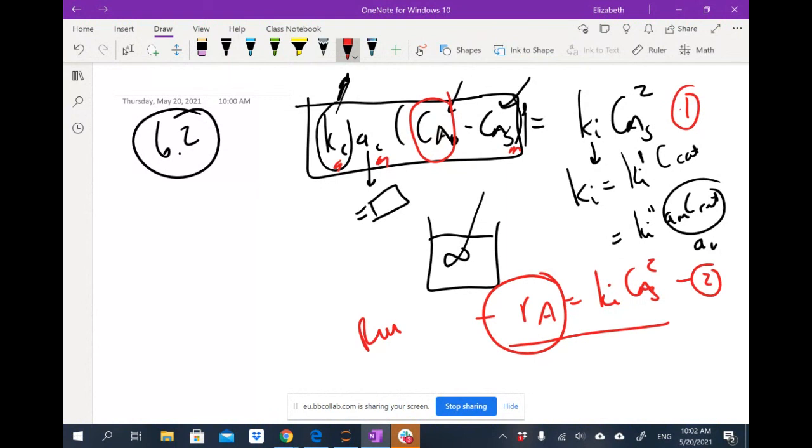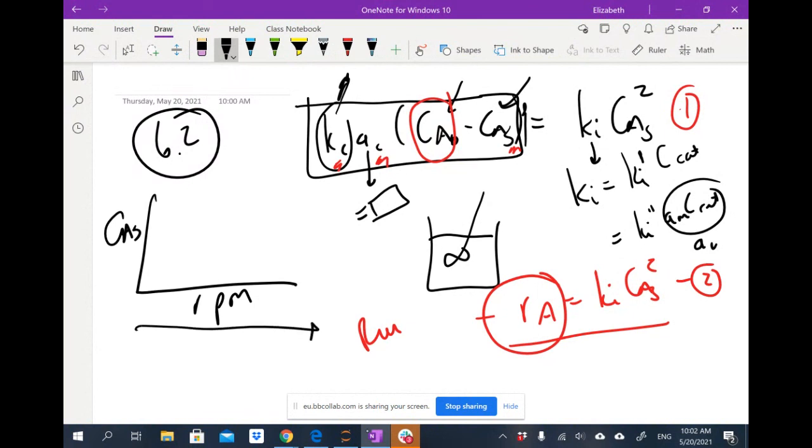A challenge question for those of you done with all the TUTs. Here is a challenge question for TUT 6.2, to practice your skills. Generate a plot of CA surface versus RPM in that reactor. Change a range: in the tutorial you were asked to calculate that CA surface for two distinct RPM values.